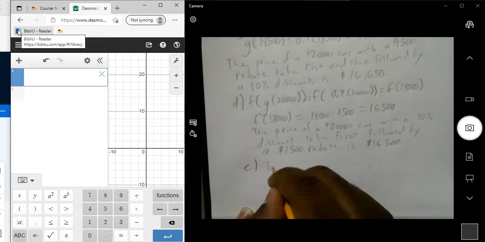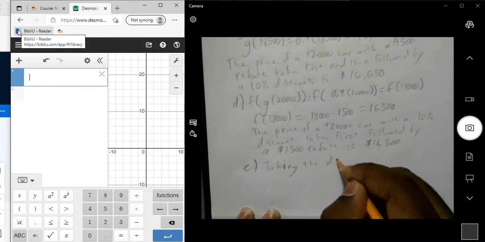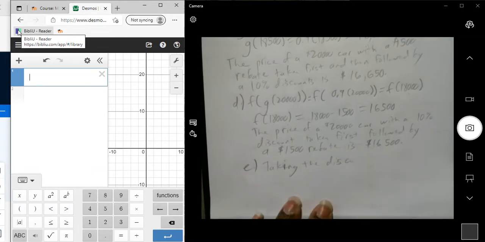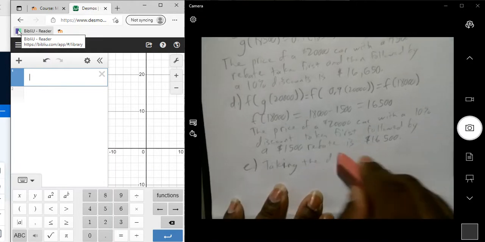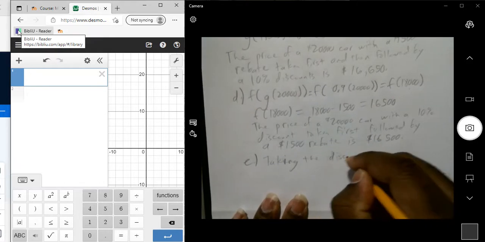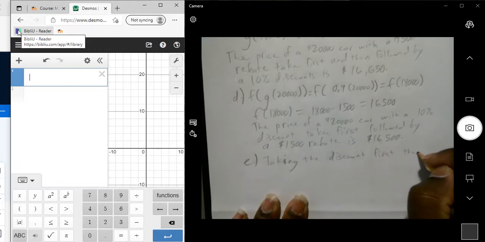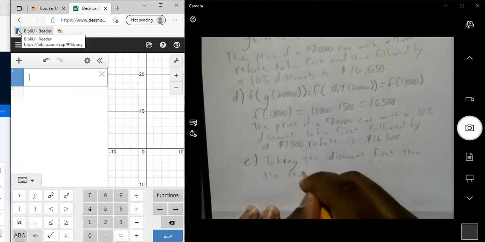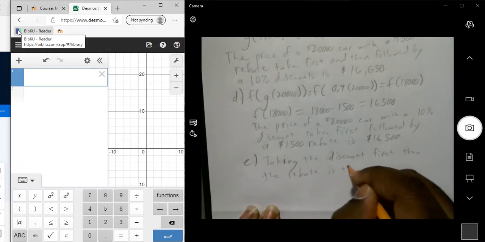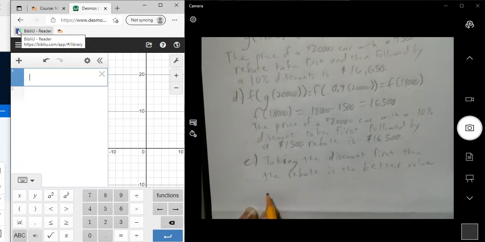So I would say taking the discount first, then the rebate, is the better value by $150.